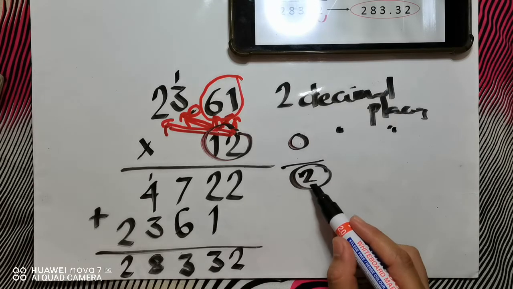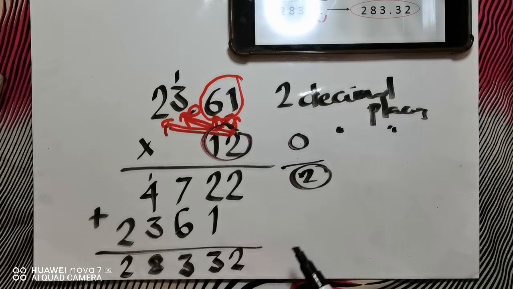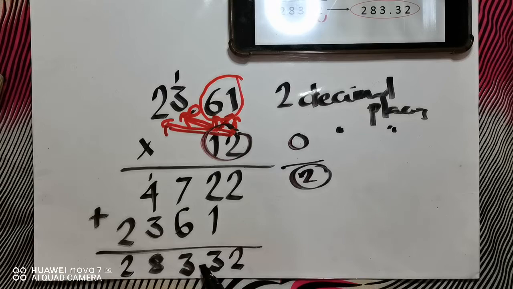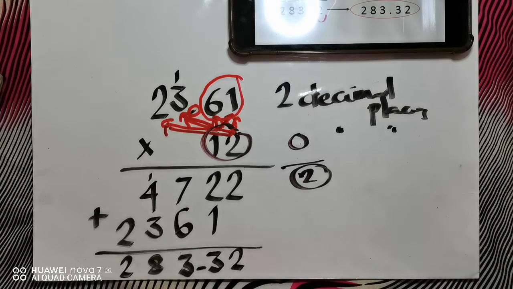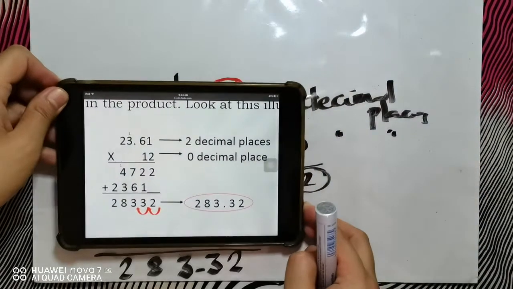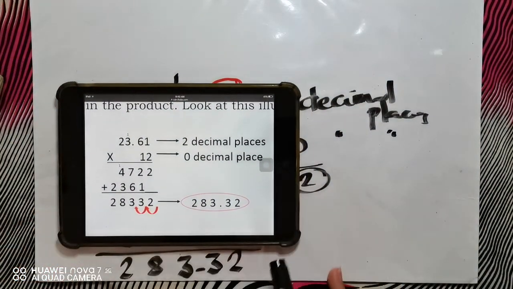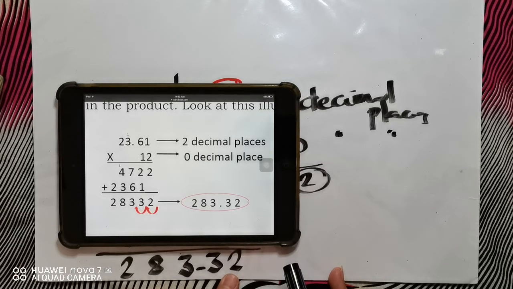Since you have only 2 decimal places in your factors, magkakaroon ka lang din ng 2 decimal places in your answer. So, starting from the right, move mo siya ng 2 beses. 1, 2. Doon ang iyong decimal point. So, if we're going to compare that to the given or to the problem, we have the same answer. 283 and 32 hundredths.